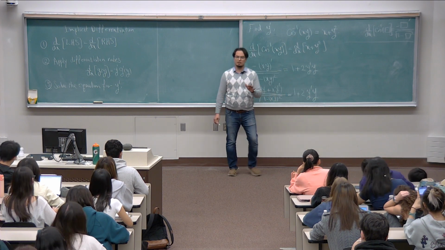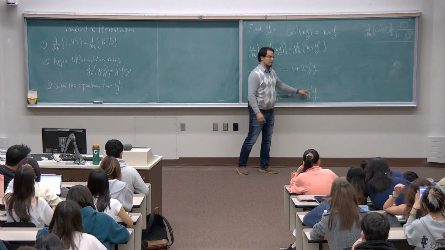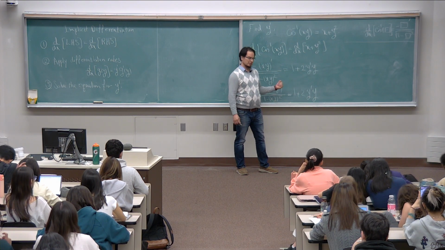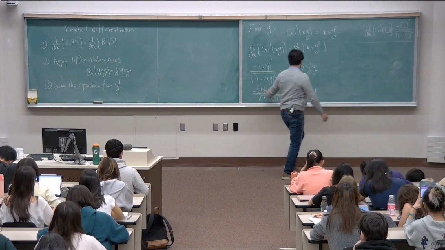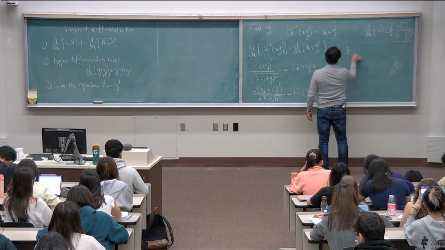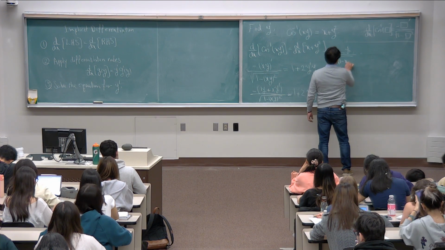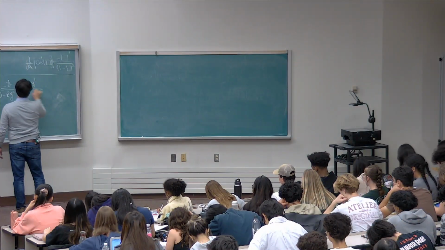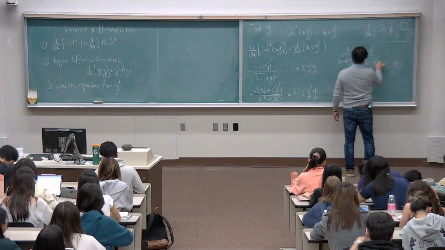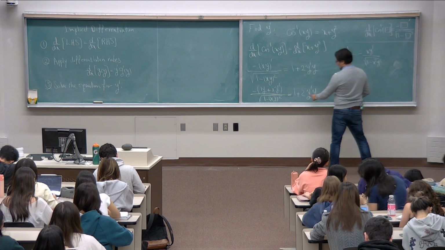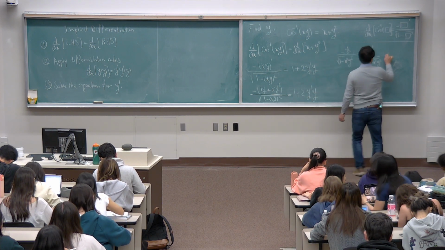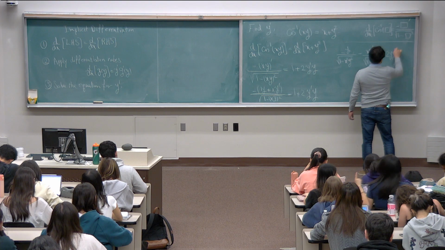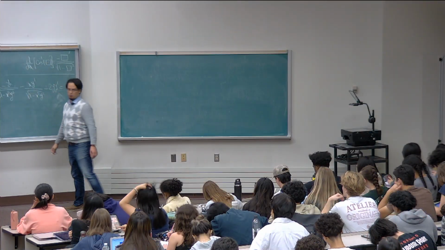That will work, but then again, you have to expand it here and then bring it over here. Instead of doing that, I will separate these two into this, that, and then I bring this to the left-hand side, and the right-hand side is only 1.